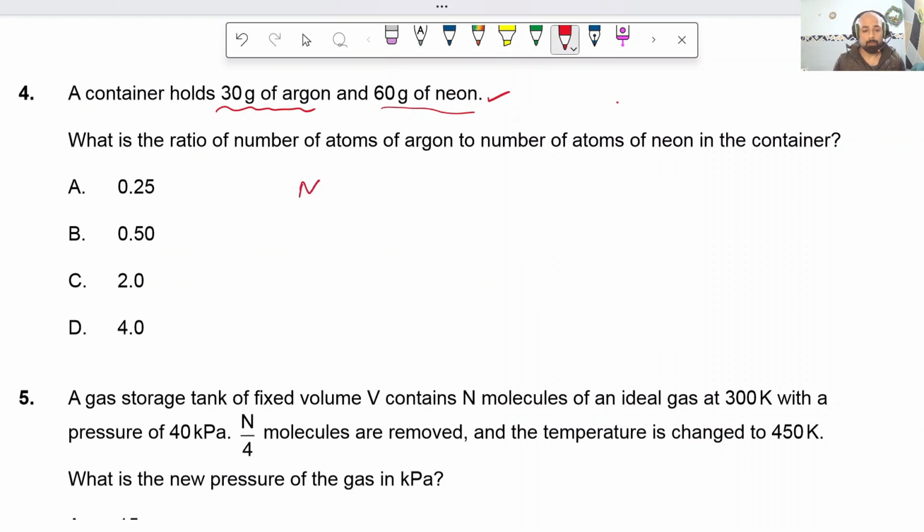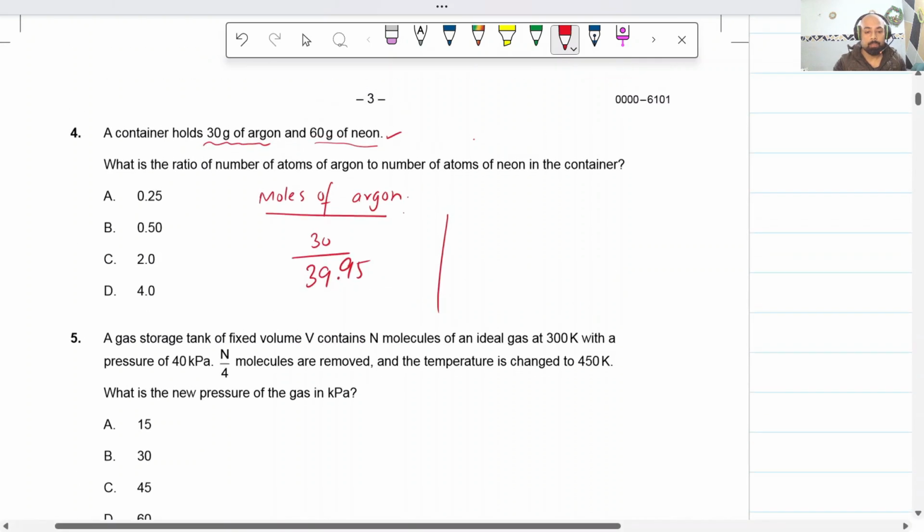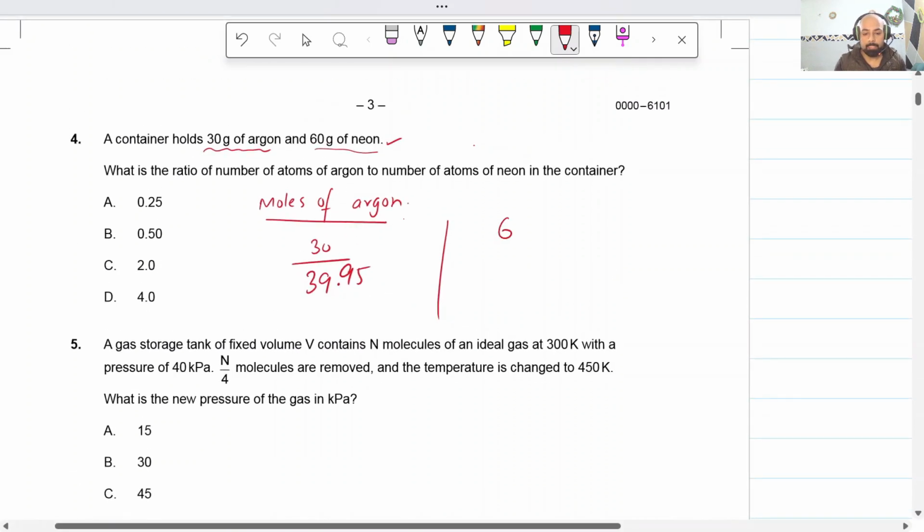So let's find the moles of argon first. For finding the moles of argon, we need to divide 30 by the atomic mass of argon, 39.95. And for neon, we have 60 divided by 20.18.